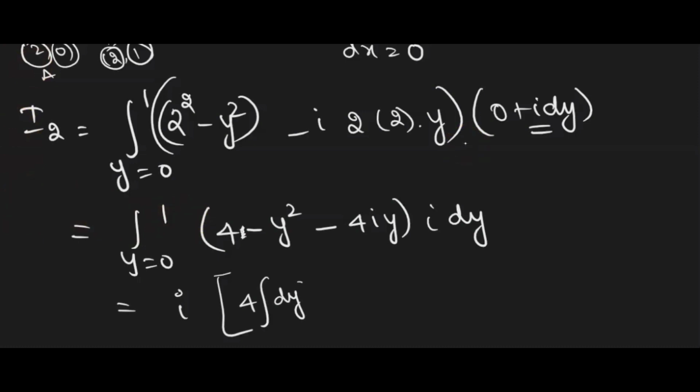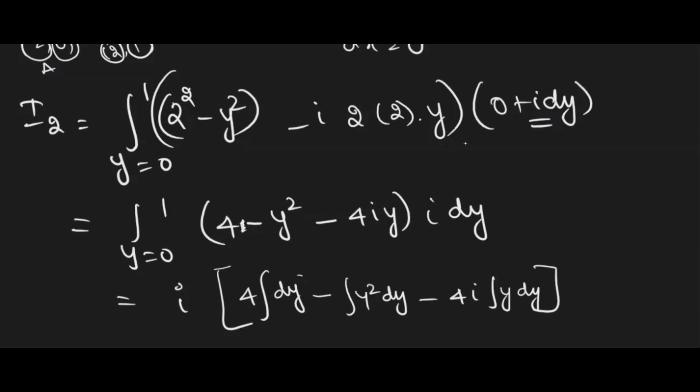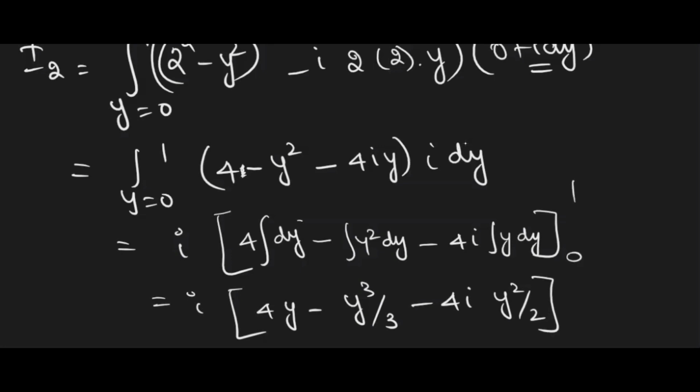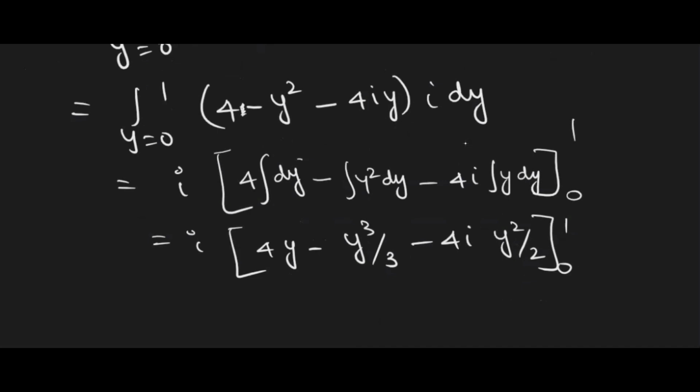If you want, you can write it separately, minus the integral of y square dy minus 4i into the integral of y dy. i is there outside. So this is nothing but i into 4y minus y cube by 3 minus 4i into y square by 2. What is the limit? 0 to 1. Taking the upper limit, 4 minus 1 by 3 minus 4i by 2.